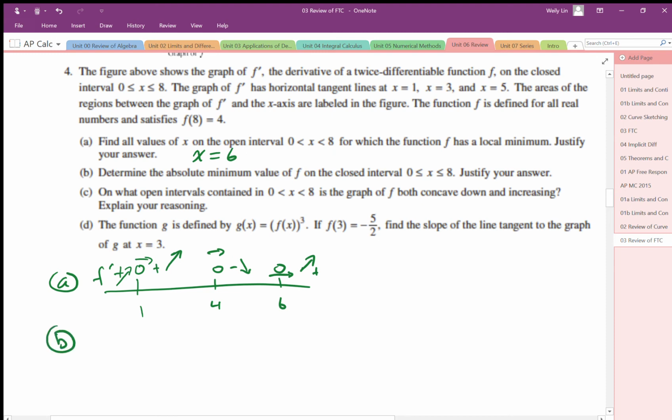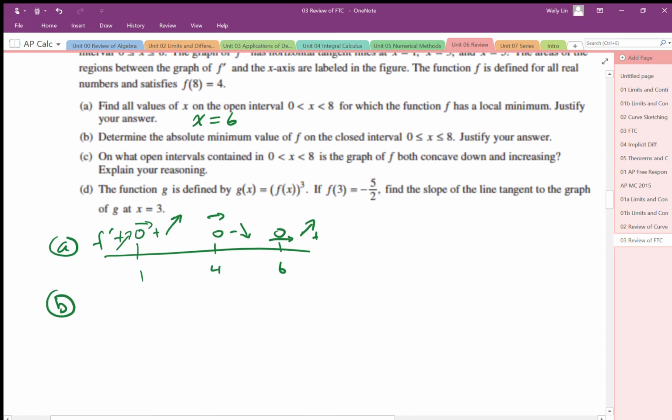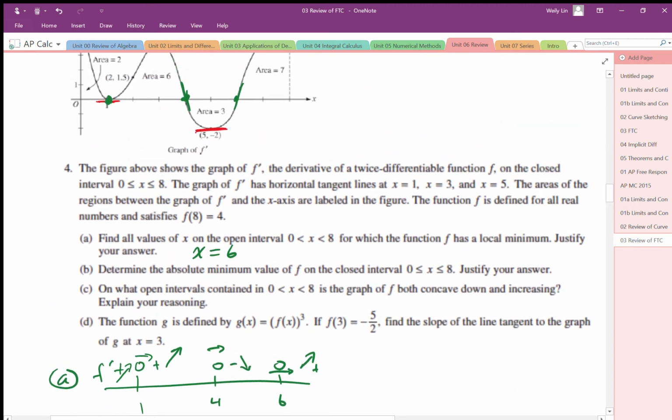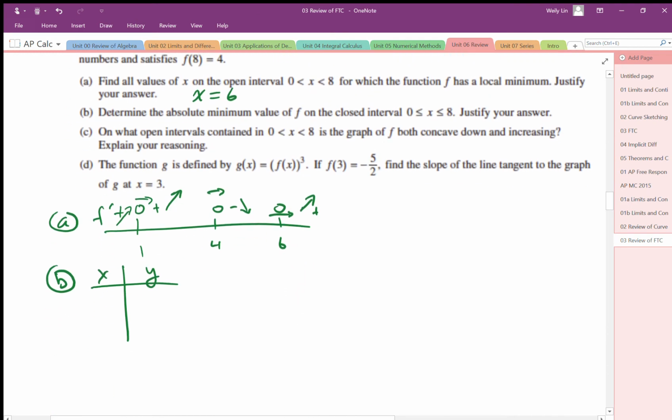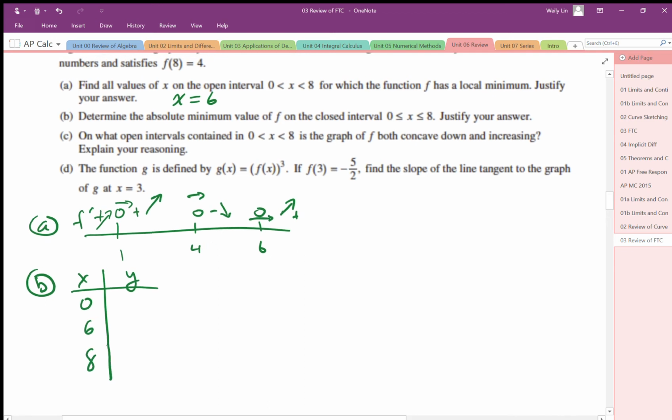So first of all, this is my candidates test. The endpoints are 0 and 8, and we need to have the 6 as a potential candidate. So we need to calculate f of 0, and we're going to do it this way.